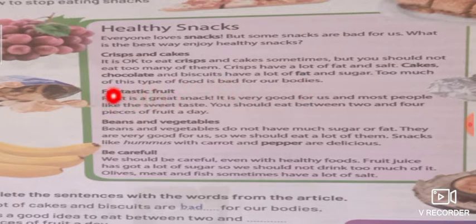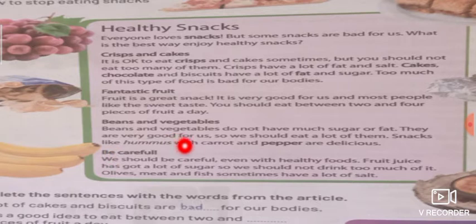Fantastic fruit. Fruit is a great snack. It's very good for us, and most people like the sweet taste. You should eat between 2 and 4 pieces of fruit a day. Beans and vegetables. Beans and vegetables don't have much sugar or fat.